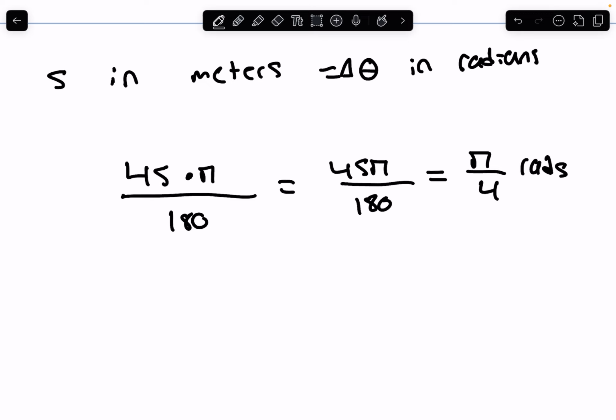Now we have velocity. Of course, velocity is in meters per second, and its equivalent is angular velocity, which you would have seen in circular motion. It's denoted by the Greek letter omega, and its units are radians per second.